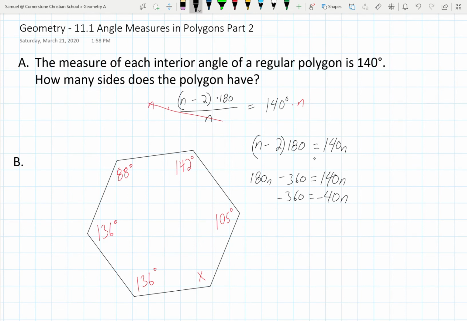Divide both sides by negative 40, and I find that negative 360 divided by negative 40 is going to be n equals 9. And so what we're saying is that for a regular polygon that has all sides congruent and all angles congruent, if that interior angle was 140 degrees, then this regular polygon must have 9 sides.